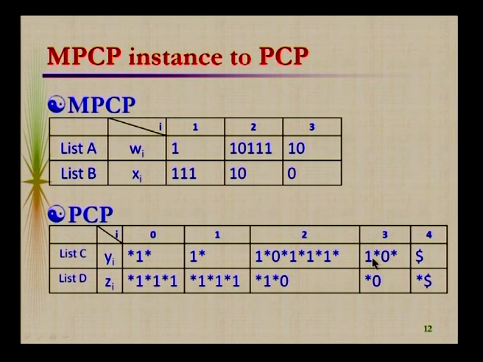Here it is starting with 1 and starting with 0 star and there is no match. Even for pair 4, it starts with the dollar, but whereas in the corresponding list D it starts with the asterisk. So, our MPCP has been reduced into a PCP instance, but we find that there is no possibility for having a solution without starting the solution from the corresponding pair 1.